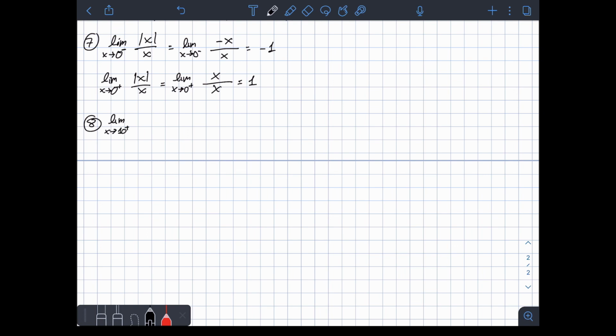Similar problem: the limit as x approaches 10 from the right of the absolute value of x minus 10 over x minus 10. Direct substitution would just give us 0 over 0.